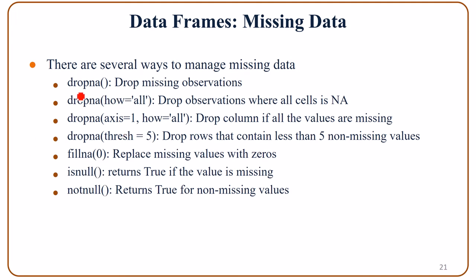If you want to simply drop missing rows, missing observations, call the dropna method. Dropna with the how argument with the all value only drops observations if all the cells are NA.